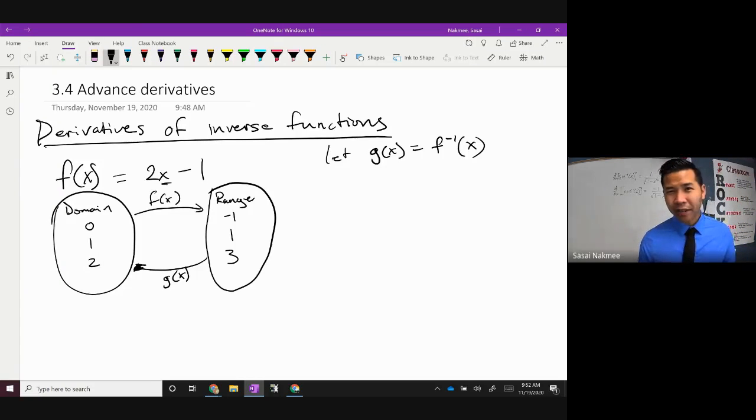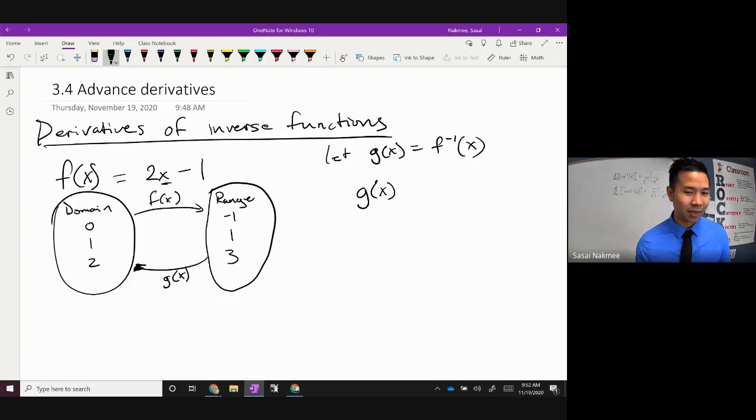Do you guys remember how to find an inverse function? If f of x is equal to 2x minus 1, do you guys remember how you're supposed to tell me what g of x is equal to? Do you guys ever work on finding inverse functions? I'm going to pause for a second. Anyone? Anybody?